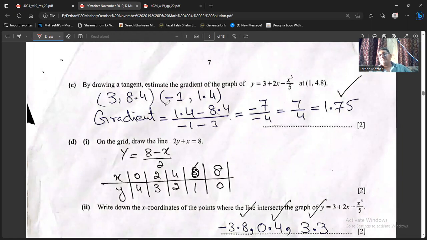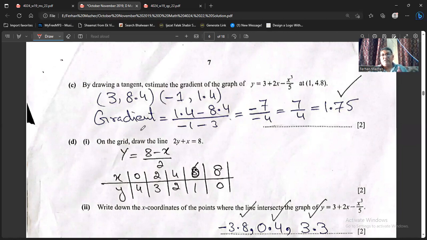This is because when I drew the tangent, it was a little steeper. So you can make it a little less steep, because my answer is a little more than the marking scheme. So I have taken (3, 8.4) and (-1, 1.4).